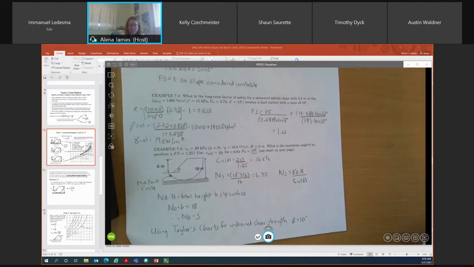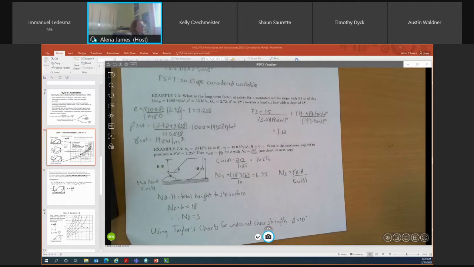Obviously, if we have an undrained shear strength value, our internal friction angle is 0 degrees. The bulk unit weight of our material is 18 kilonewtons per meter cubed, and the height of the slope is 6 meters. So it's asking you to use the Taylor's chart to determine what is the maximum angle beta that will produce a factor of safety of 1.25.